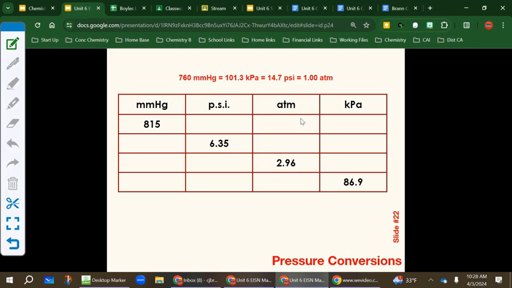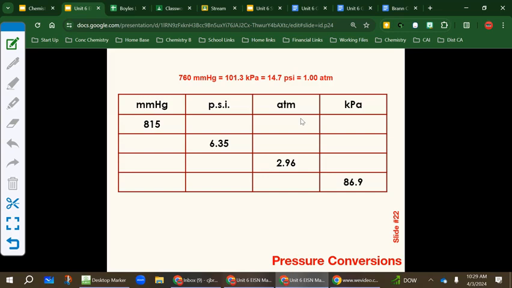Now you have a choice to go to ATM. You could take this number that you got in PSI and convert it, or you could go back to the 815 mmHg and convert it into ATM using the same number on the bottom and using 1.0 ATM on top. Obviously, when you're using ATMs, that's a 1. Do we need to multiply by a 1? Do we need to divide by it when it's on the bottom?